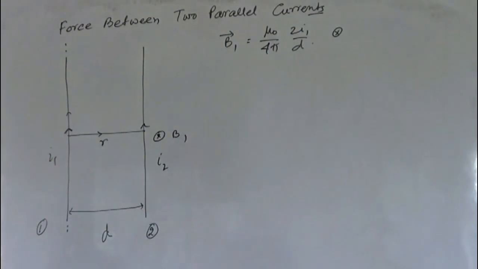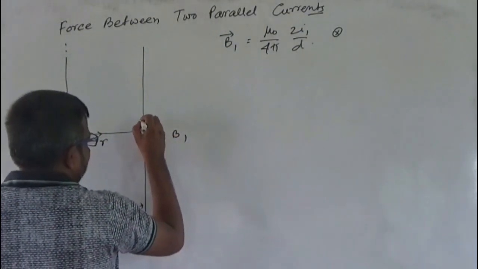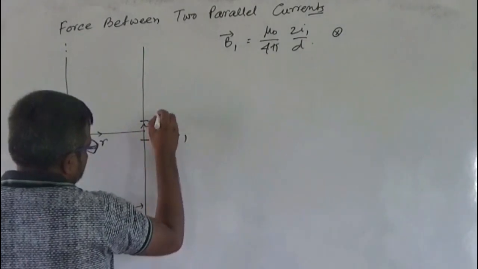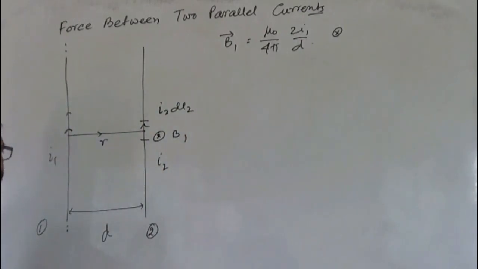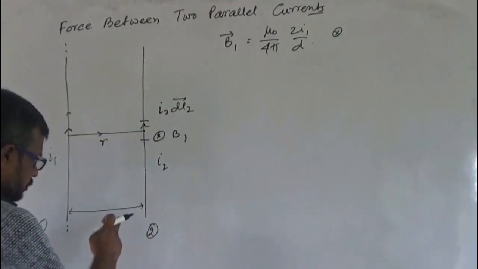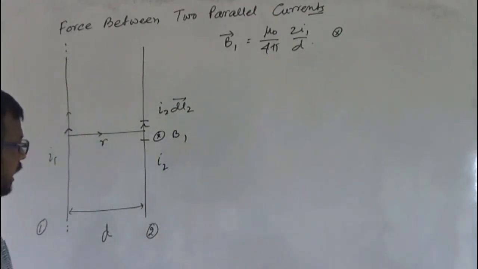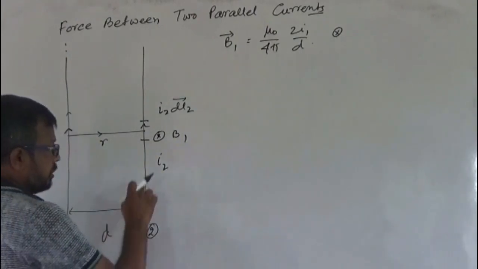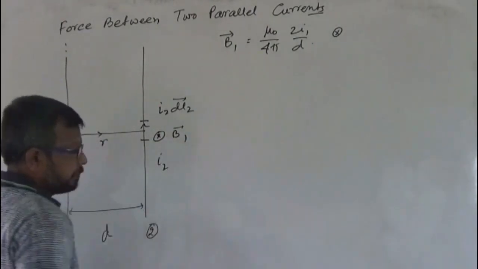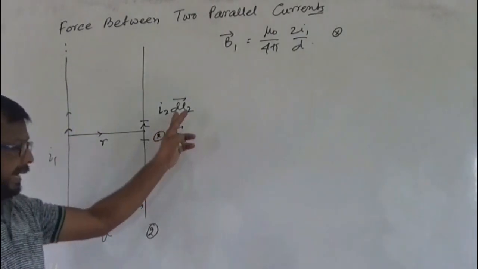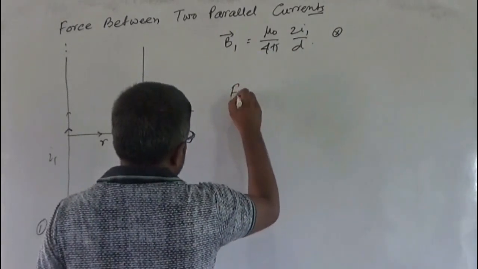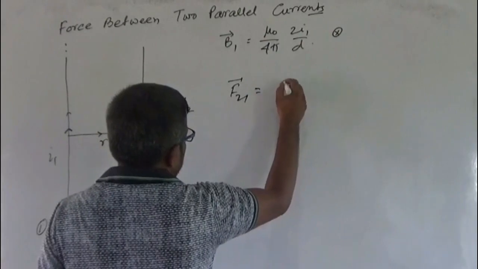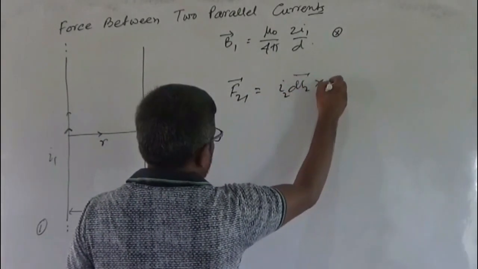Now if we consider a current element I2 dl2, I2 dl2 is the current element of the conductor 2, and the force is F21 is equal to I2 dl2 cross B1.